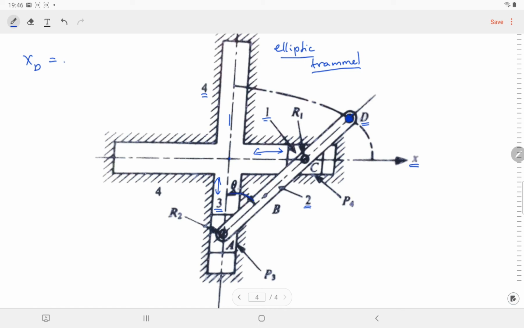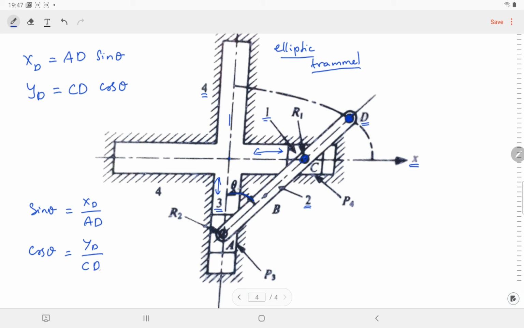Okay, so xD is nothing but AD sine theta, and what is yD, which is CD, okay, C to D, cos theta. Okay, now from this what we can say, let me rewrite that such that sine theta is equal to xD by AD and cos theta is equal to yD by CD.